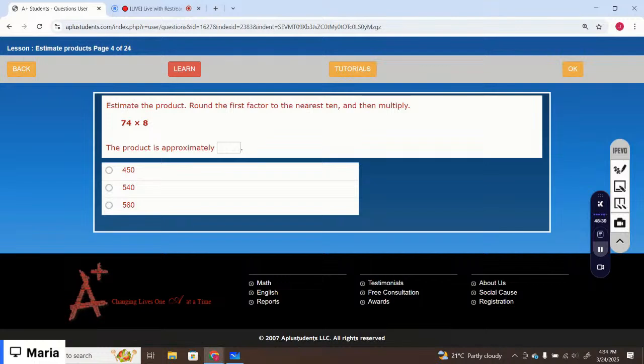Seventy-four is rounded to 70. 8 times 7 is 56. That is 560. Option number 3 is the correct option.